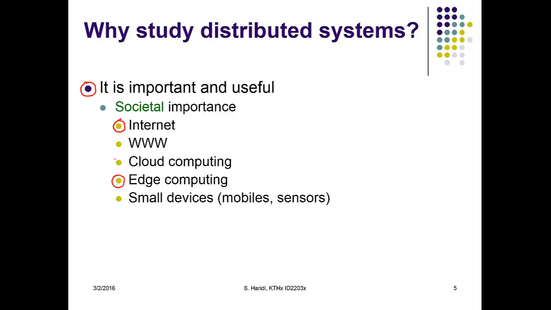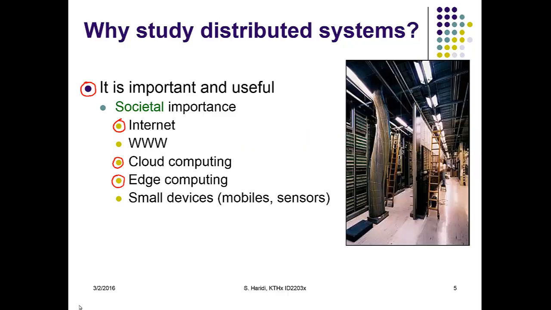A data center, which is part of cloud computing, provides service 24 hours, 7 days a week, like for example those data centers hosted by Google or Facebook. The data center provides storage and computing resources to serve millions of users. This is done by using a distributed system, a set of machines connected by a network. Here is an example of a data center.